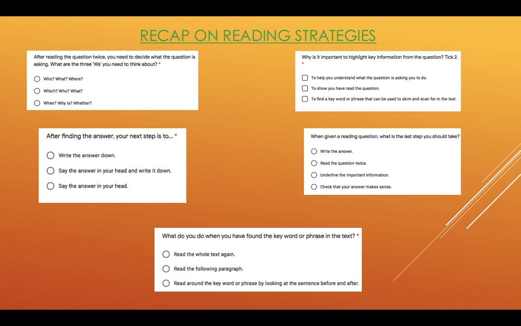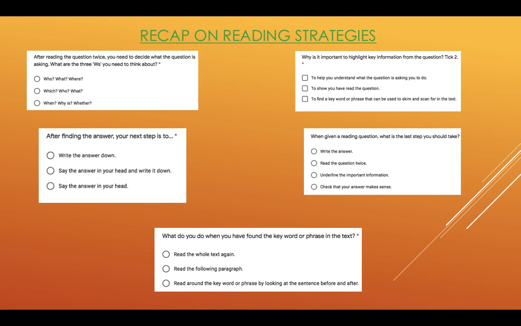And the last one, what do you do when you have found the key word or phrase in the text? Well, if you find the keyword, you're not going to read the whole text again. And you're not going to read the following paragraph. Read around the keyword or phrase by looking at the sentence before and after.